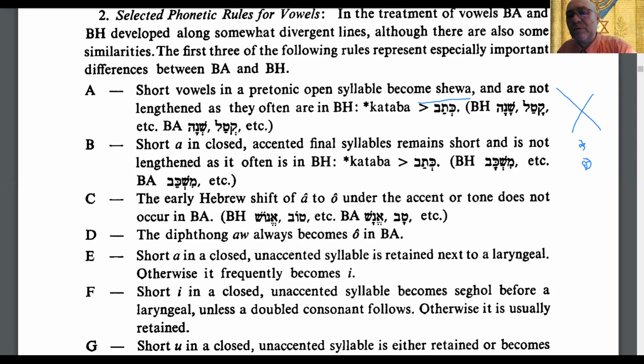So in Biblical Hebrew, we've got shana and katal. Also in Biblical Aramaic, we've got shana and ketal. Notice the difference here is there's not so much a sound, it's more like a slight eh sound.